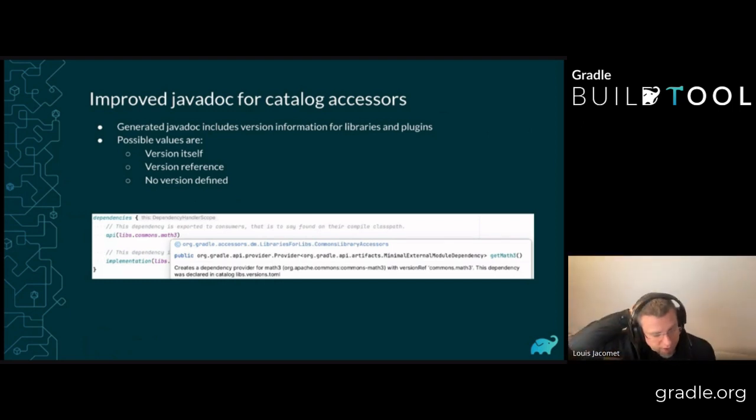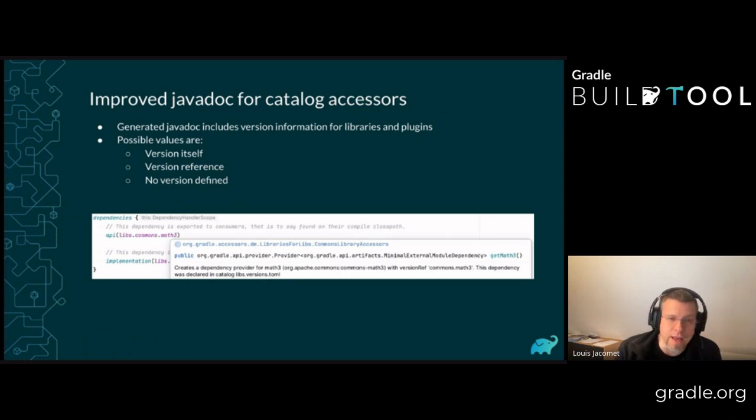The first thing that was done is that when you use version catalogs, we generate accessors. The accessors had some Javadoc, but it was limited. One of the things that was not present in the Javadoc was an indication, for a library or a plugin, of the version that the accessor points at. So we now include that information in the Javadoc.